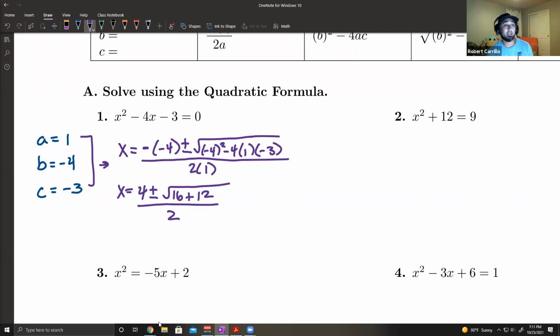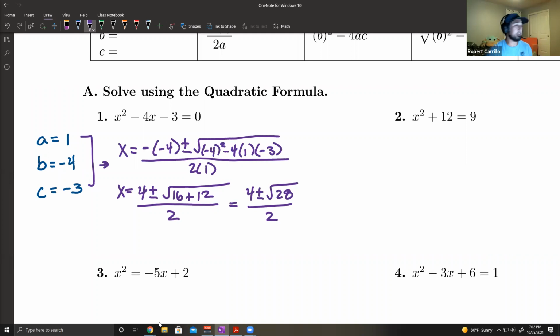Okay, clean up a little bit more, and this becomes 4 plus or minus the square root of 28 all over 2.